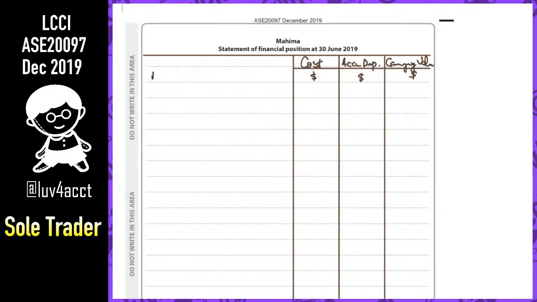We have non-current assets, 3 types. First we have premises, and then we have tables and chairs, and then we have kitchen improvements.